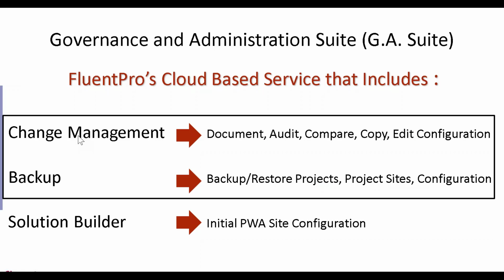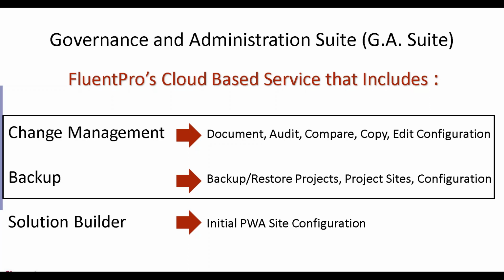So today we're going to talk about what it takes to actually go through a change management lifecycle and also using backup. So the GA Suite is a product within the FluentPro product suite that actually has the backup capability. So if you want to actually do backups of your MPP files, your configuration, your SharePoint sites, you're going to use the GA Suite.